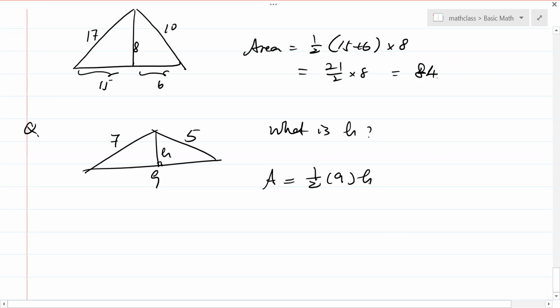So if you know how to find the area in a different way, then you solve the problem. I'll make it a little bit easier. I'm going to put a 4 here because otherwise the numbers are ugly.